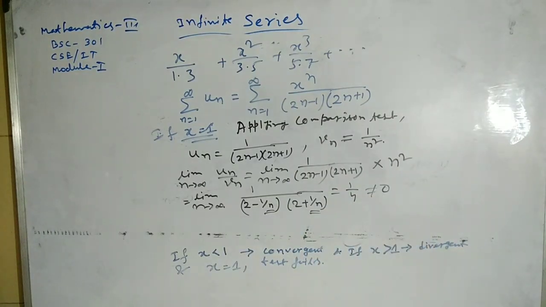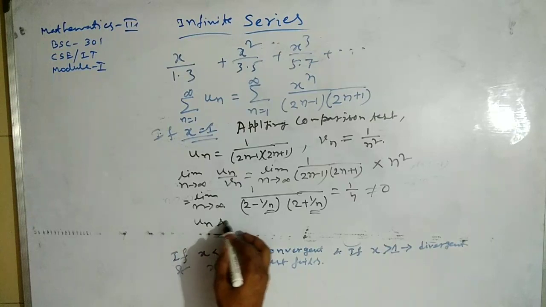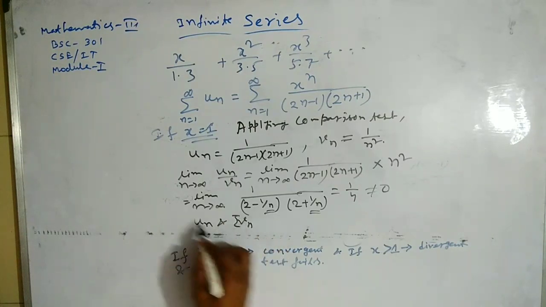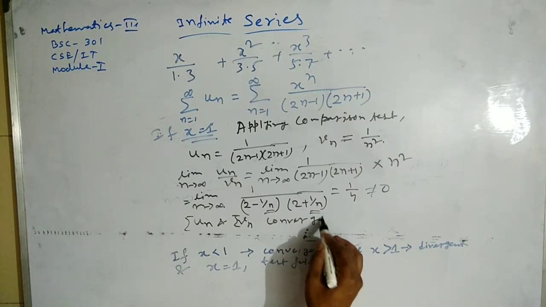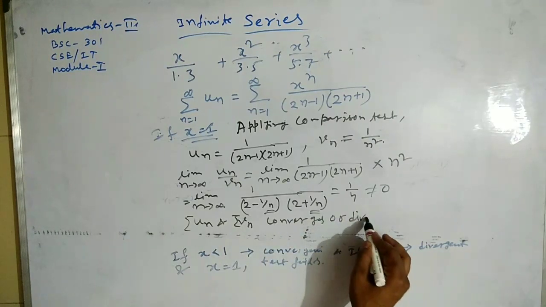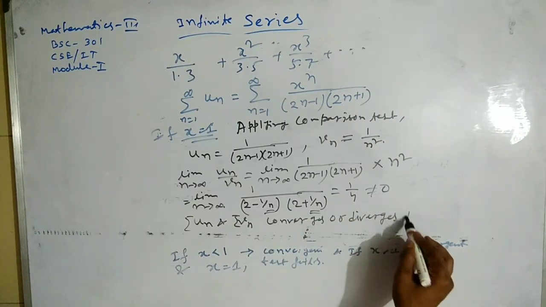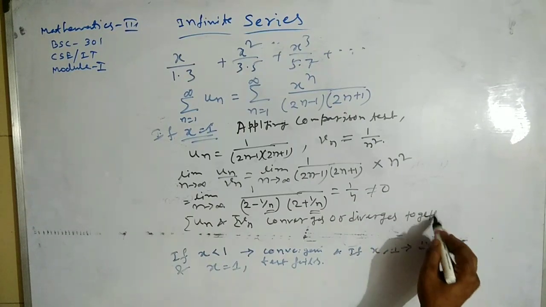So you know that according to the comparison test, if the limit is a non-zero finite real number, then summation un and summation vn, these two series converge or diverge together.